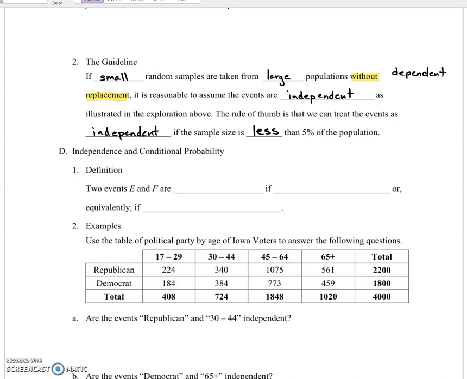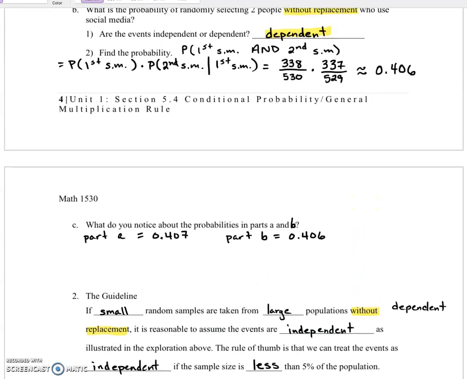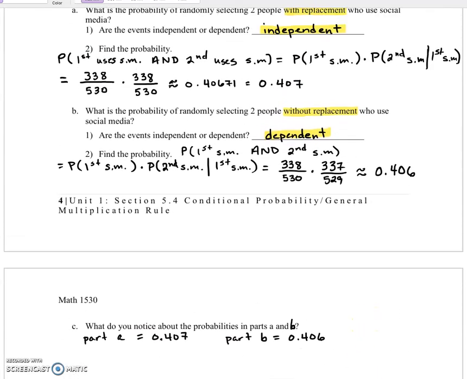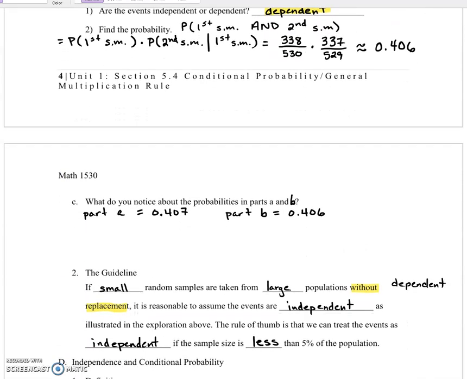So the population we're talking about is the total number of people. I should show you how you determine whether it's less than 5% of the population. So let's go back up here. We picked 2 people out of 530 people.